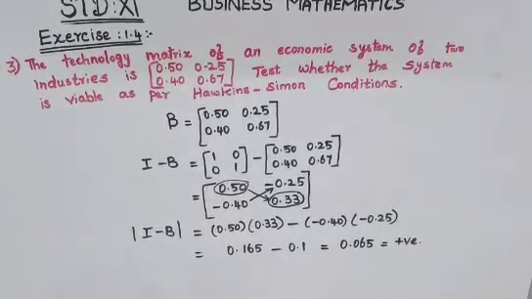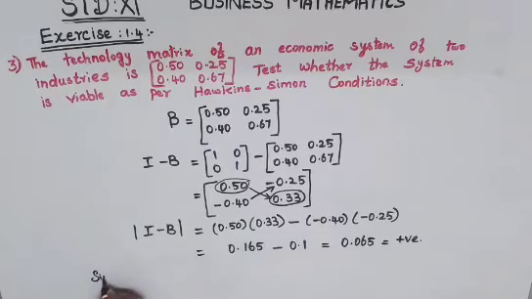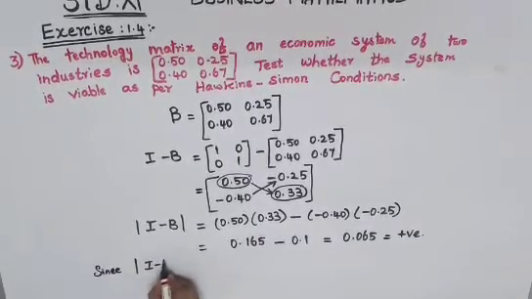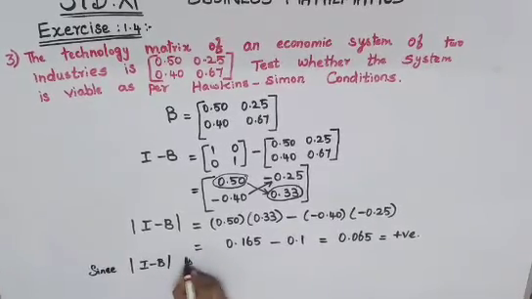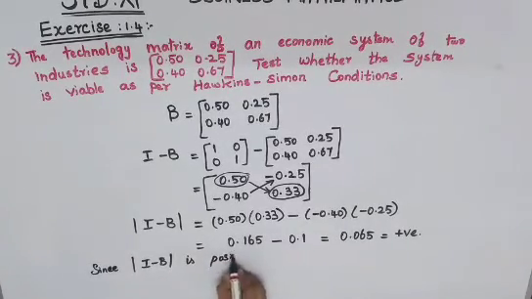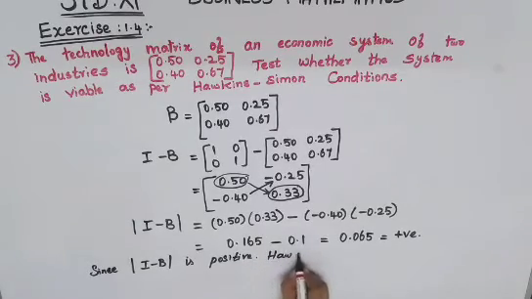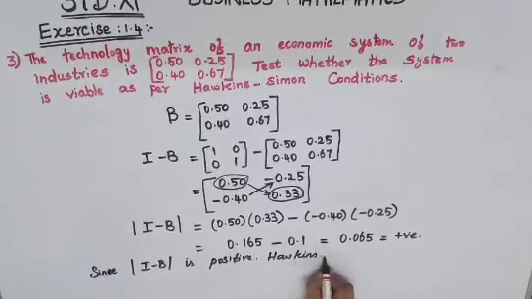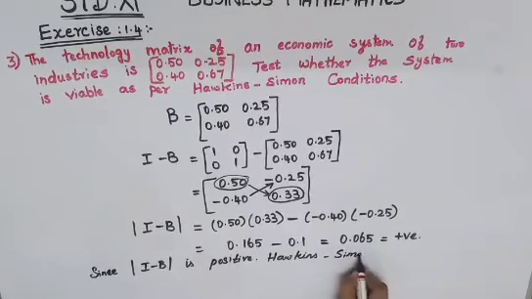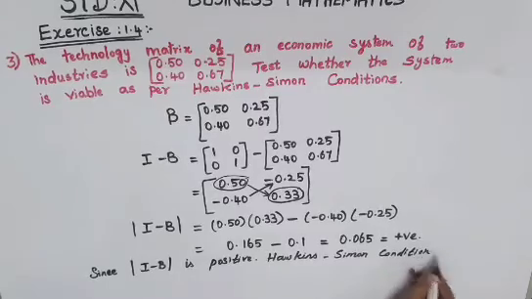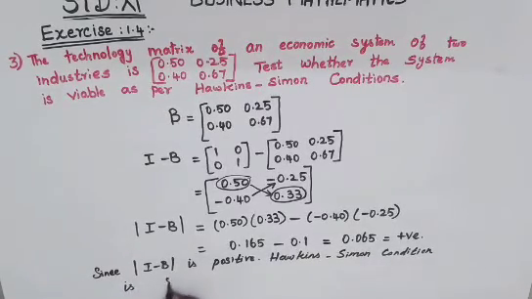So the answer you can declare as, since determinant of I minus b is positive, Hawkin-Simon condition is satisfied.